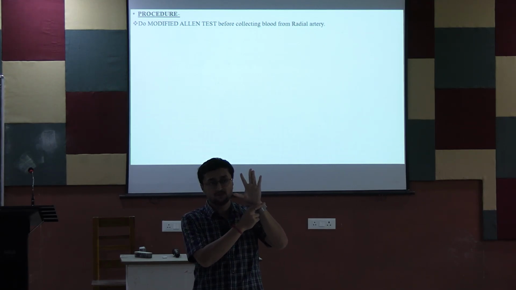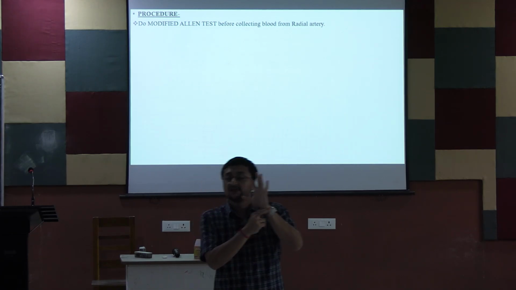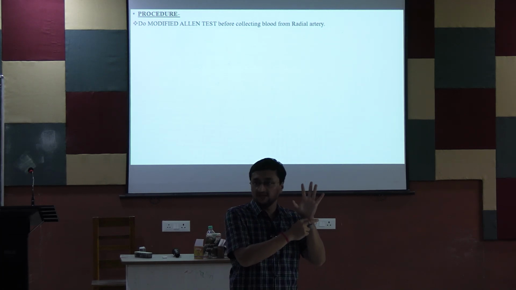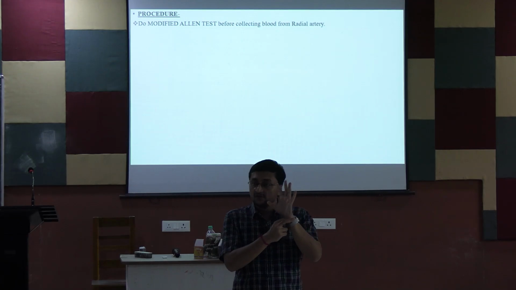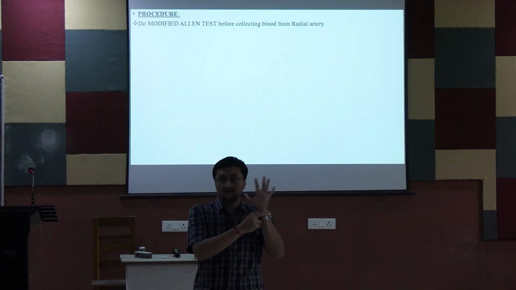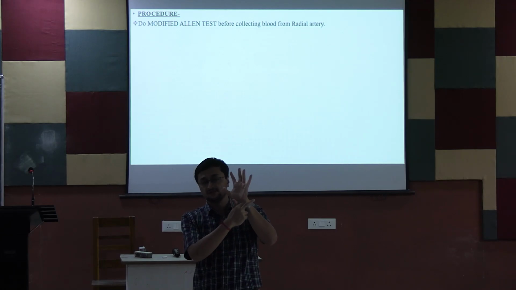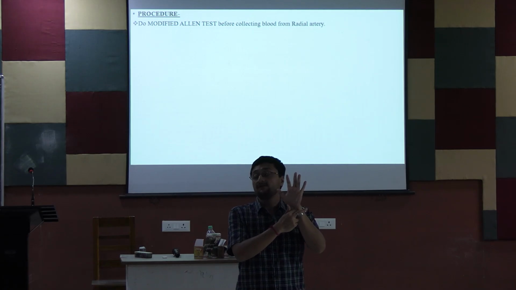What will happen then? There will be blanching. Blanching means there is no blood supply to the palmar area. Then slowly release one finger from the radial artery. This is the radial artery, so slowly release. Then what will happen?